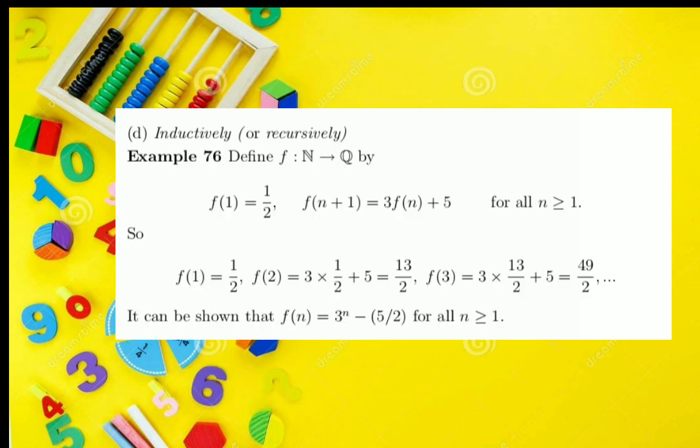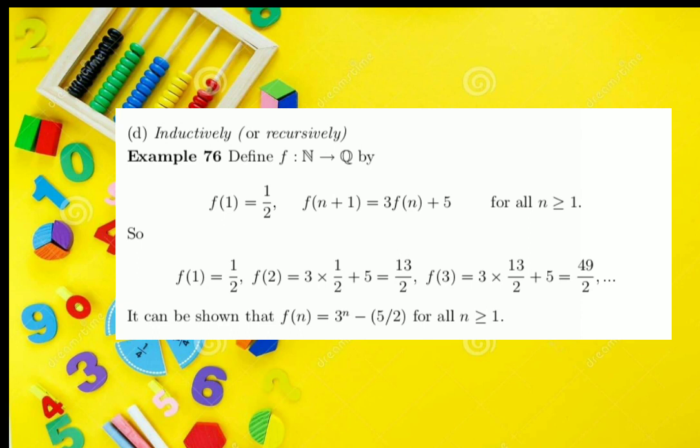Example 76. Define f: N → Q by f(1) = 1/2, f(n+1) = 3f(n) + 5 for all n greater than or equal to 1.